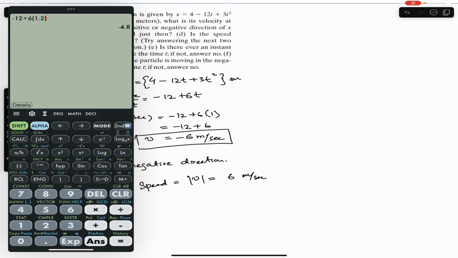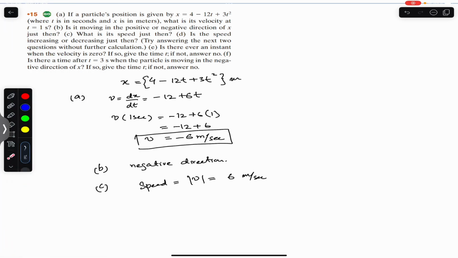This means that after t equals 1 second, the velocity magnitude is decreasing. At t equals 1 second, the magnitude is 6 meters per second towards the left. At t equals 1.2, the particle is still going towards the left, but the magnitude of the velocity has decreased to 4.8. So we can say that the speed is decreasing.